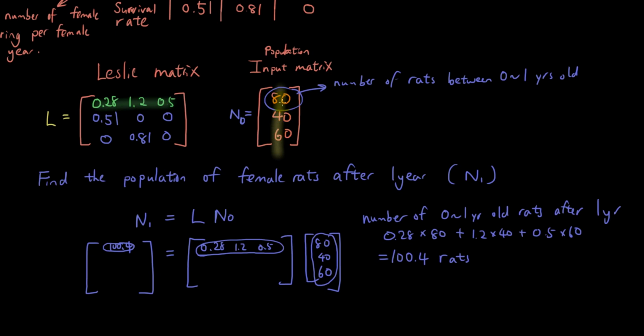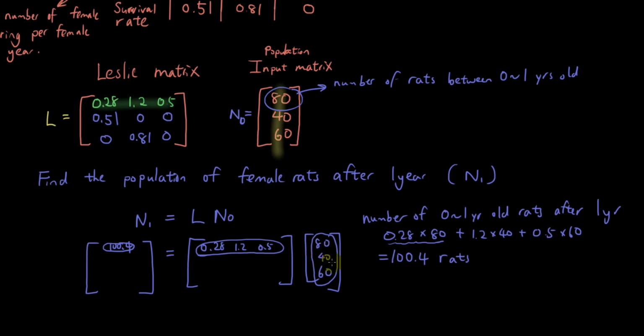So if you want to know how many young child rats we have in the next year, basically that's just going to come from how many new births there are from each age group. So from the first age group, 80 rats, 0.28 of that will become the new child rats, which will be added to the number of new births after 1 year.